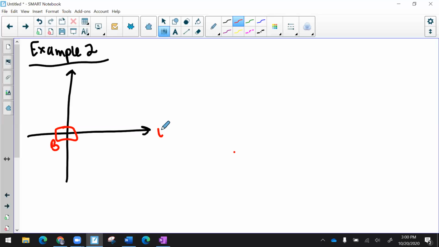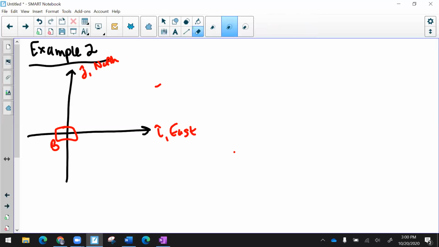And then we're going to let this be I or east and J or north. And then I'm going to go 1, 2, 3, 4 kilometers, 1, 2, 3 kilometers. And I know that ship A is 4 kilometers north and 2.5 kilometers east. So there's going to be ship A.